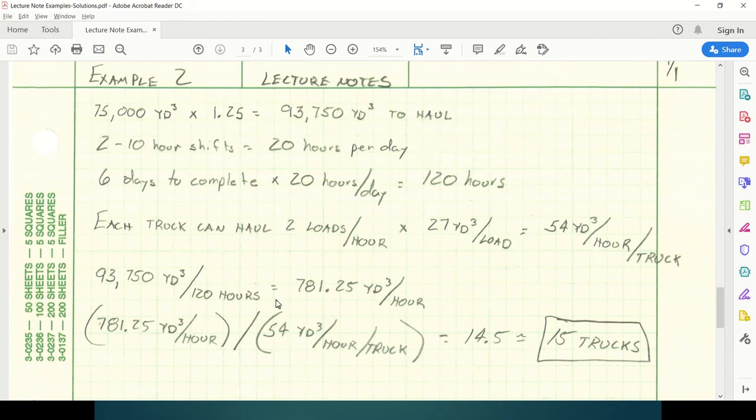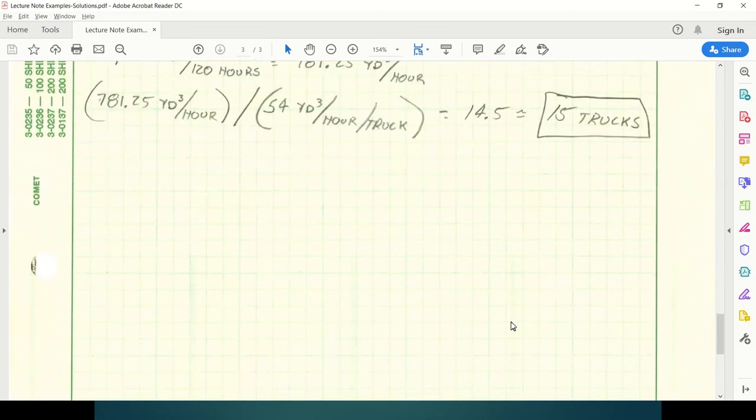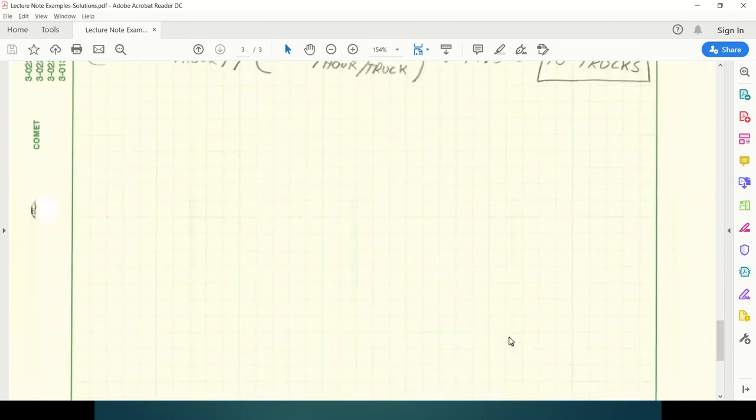Now knowing that, 781.25 cubic yards per hour divided by 54 cubic yards per hour per truck gives me 14 and a half trucks. Obviously I can't haul with half a truck, so I need 15 trucks. So that is that example.